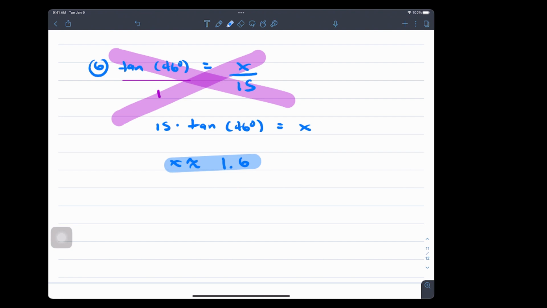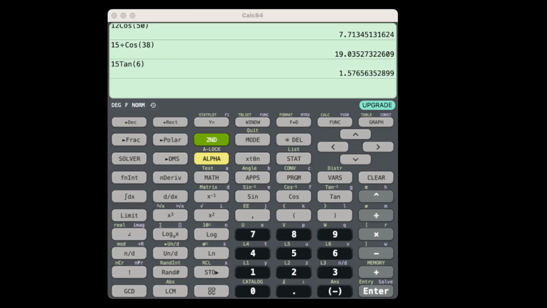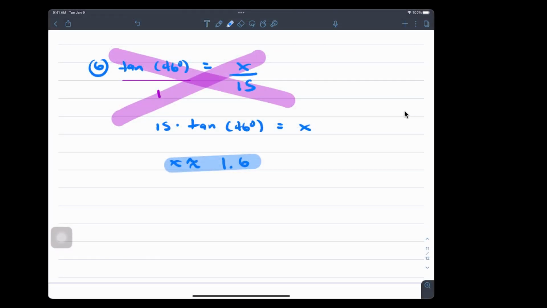What did I do? Did I do something wrong? Oh, 46, sorry about that. Let's clear. It's 15 tangent 46. It looks like we didn't hit the 4 quite right. 15 point 5.